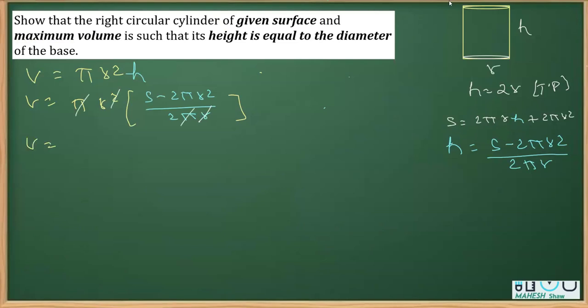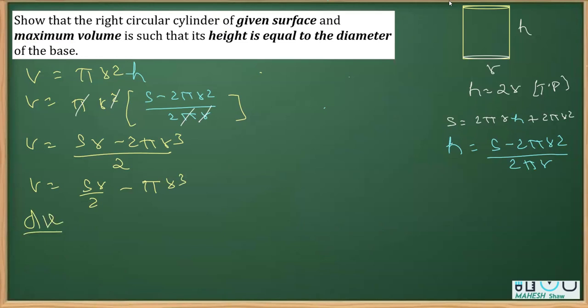And if I simplify it further, if I open this bracket, it is s r over 2 minus 2 pi r cube over 2. I can further split it and write it as s r over 2 minus pi r cube.